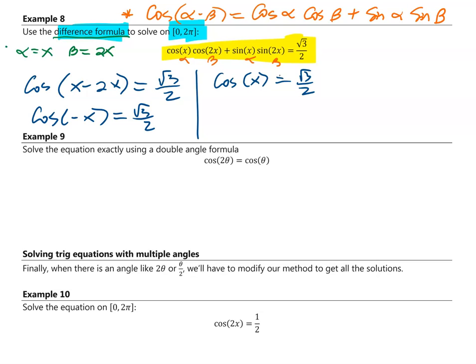Then inverse trig both sides, so that x is equal to inverse cosine of square root of 3 over 2. And using the unit circle, that's going to be your x is pi over 6 and 11 pi over 6.